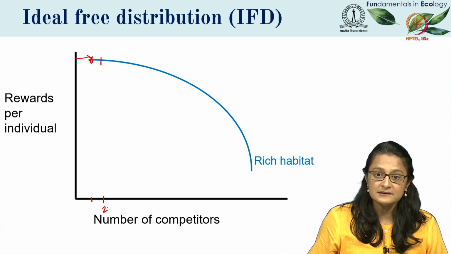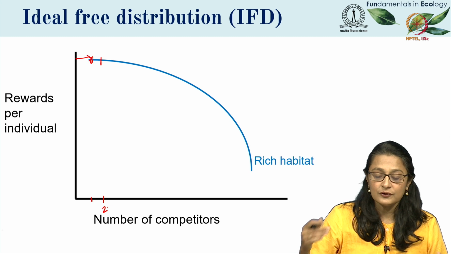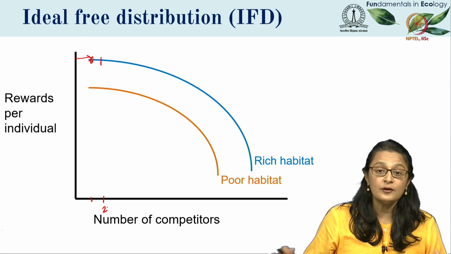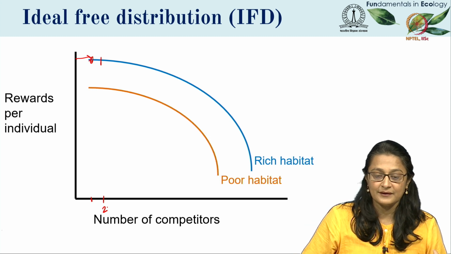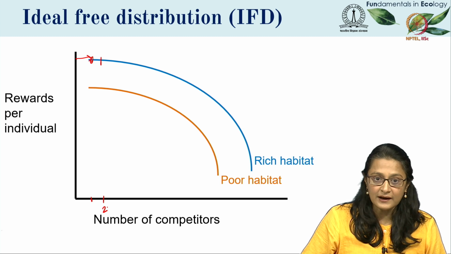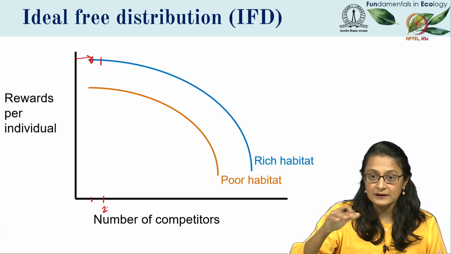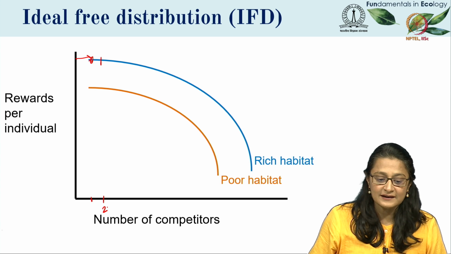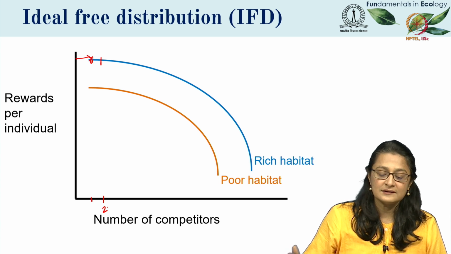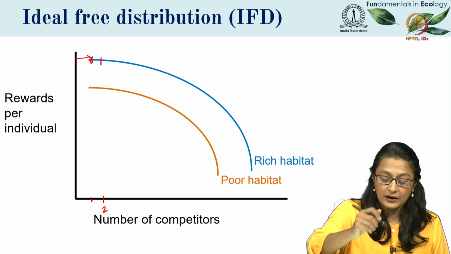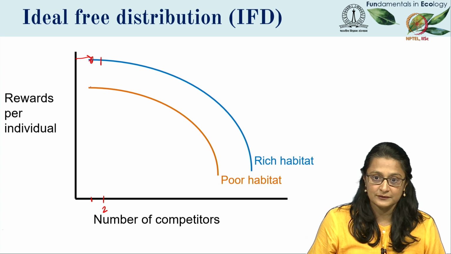But I started by saying imagine a world where you've got a rich habitat and a poor habitat. Now notice here, the poor habitat has the same rewards per individual curve, however, it starts lower because the poor habitat has fewer resources than the rich habitat.